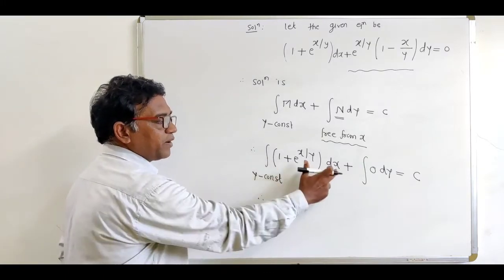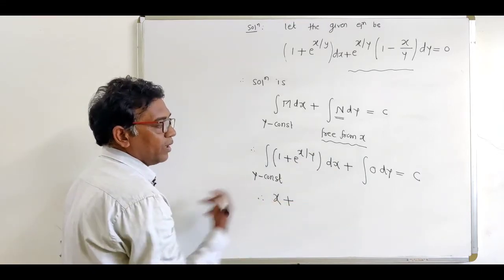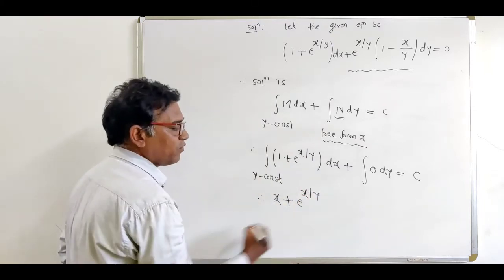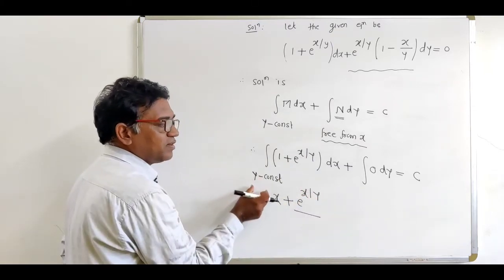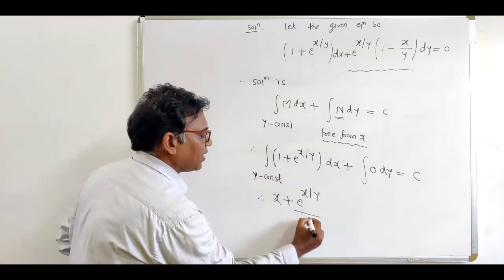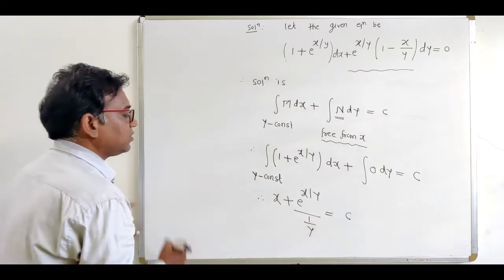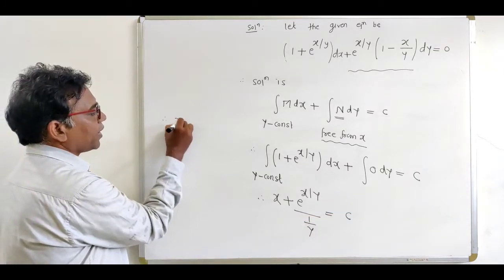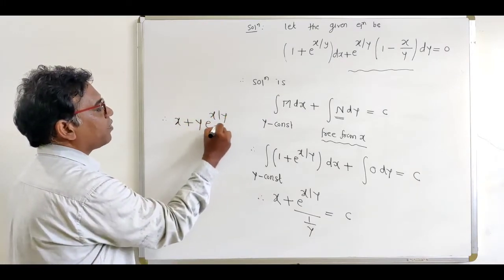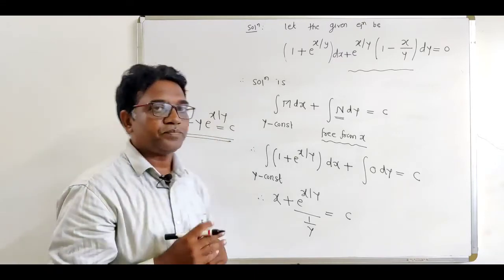Integration of 1 with respect to x is x, plus integration of exponential term, it is the same, e raised to x upon y divided by constant term. What is constant? We have taken y as a constant. So 1 upon y is the constant term, equal to c. So what is the final answer? This is x plus y e raised to x upon y equal to c. So write down, this is the required general solution.